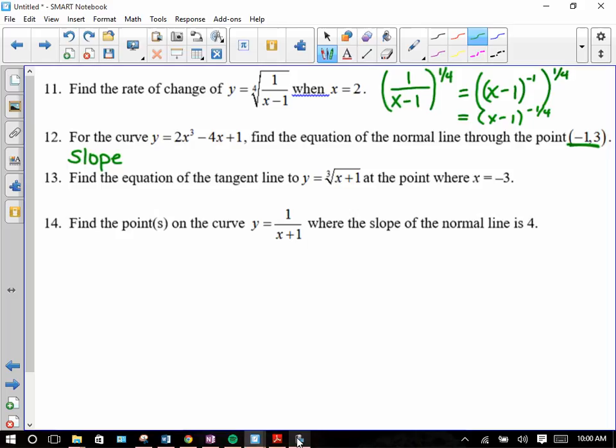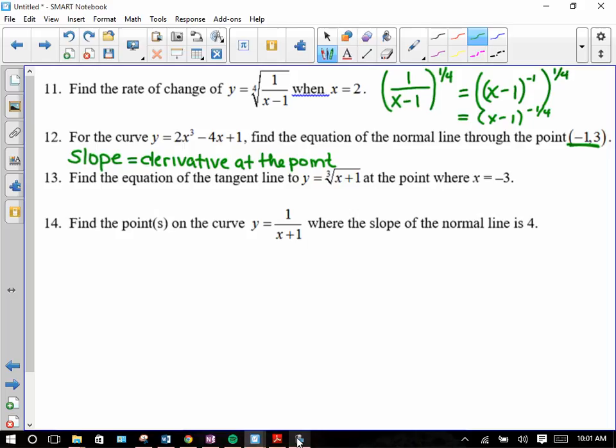The derivative. So the slope equals the derivative at the point. Okay? So find the slope at this point, at x equals what? Negative 1.